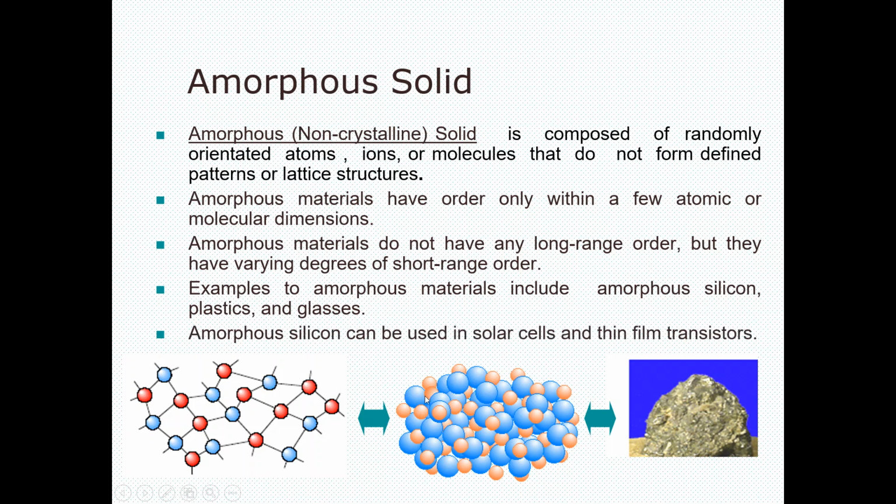Amorphous silicon can be used in solar cells and thin film transistors. Remember, amorphous materials also have their uses and are important in particular applications, just like crystalline materials.